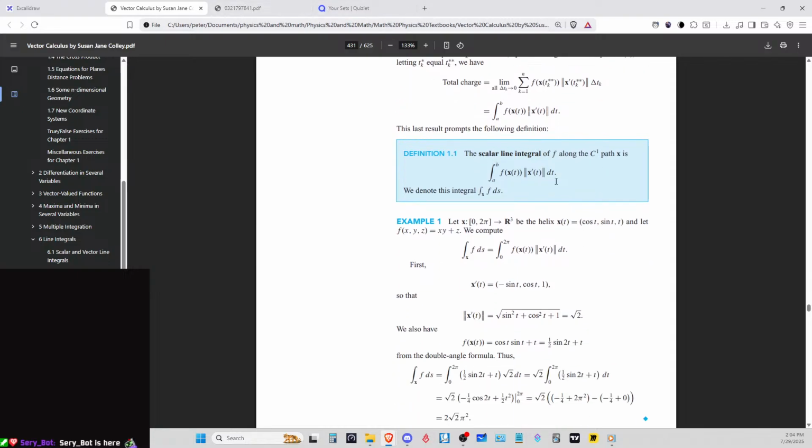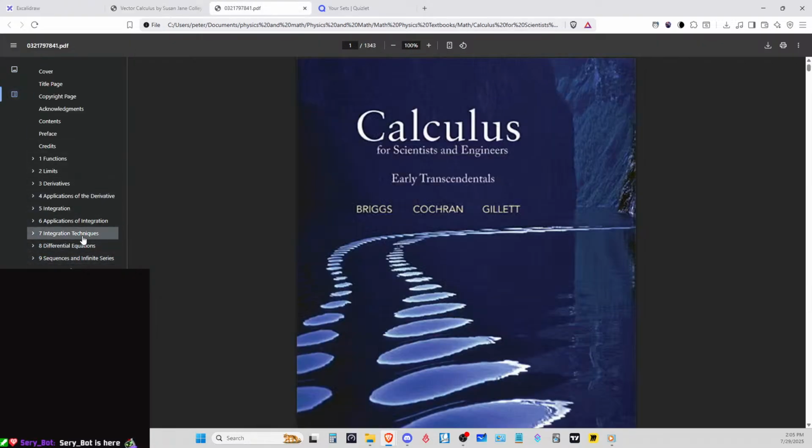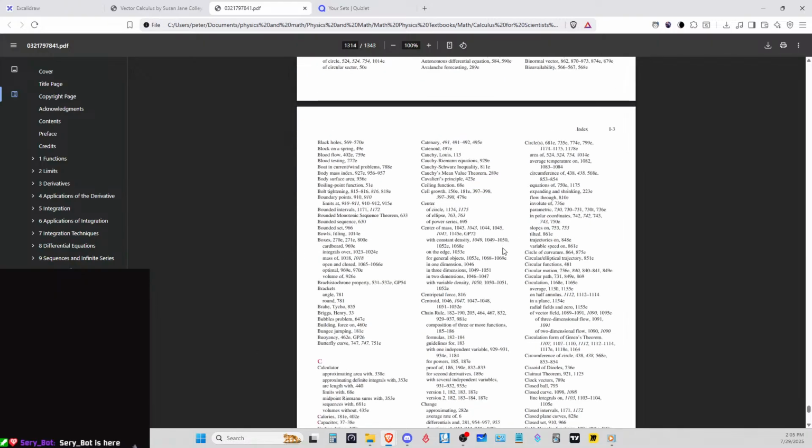And I have two books here. One is the one I learned calculus from when I was in community college, and the other one I just found, because it mainly revolves around vector calculus. So I thought I should give this book a look around. Let's see if we can look for line integrals here. Actually, I'll look at the index.